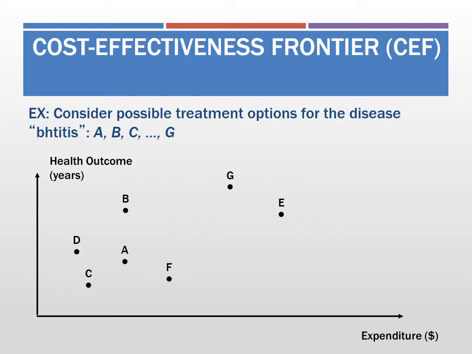So let's suppose treatment A and treatment B cost almost the same amount of dollars, but treatment B extends life longer compared to treatment A. So obviously, in this case, treatment B is a much better treatment than A, and we say treatment A is dominated by treatment B. But when we compare treatment A to treatment G, it becomes complicated because treatment A is much cheaper than treatment G, but treatment G provides a much higher level of life extension.